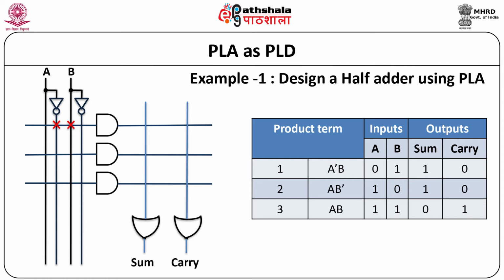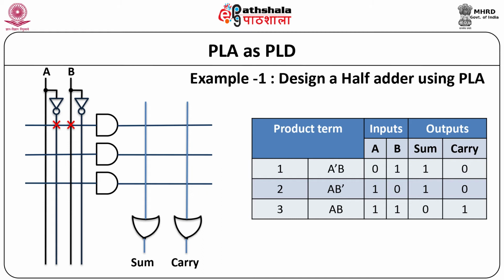Let us now determine the size of PLA. The PLA has 2 inputs, 3 product terms and 2 outputs. Figure shows 2 inputs A and B in the uncomplemented and complemented form, 3 AND gates, 2 OR gates. Let us program AND matrix.